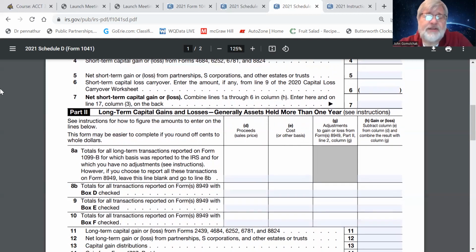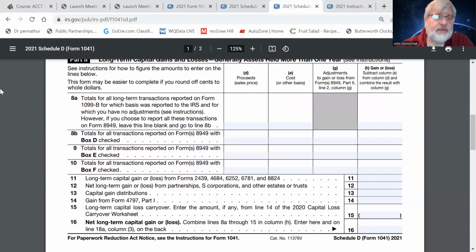For estate and trust purposes, we maintain the difference between short-term and long-term losses. So if we have a short-term carryover, we maintain its status as a short-term loss. We're carrying it forward. That would appear on line 6. And then line 7 is summarizing everything.